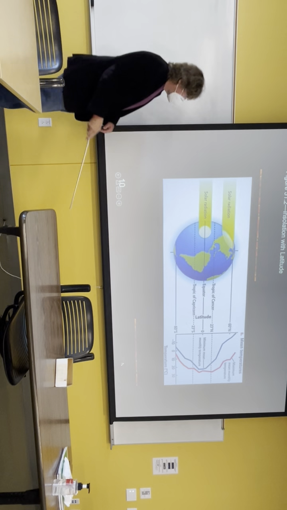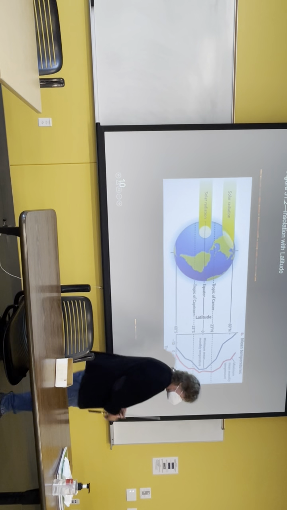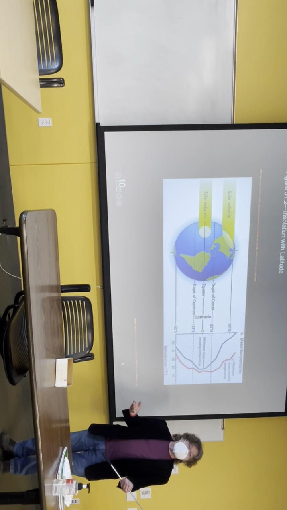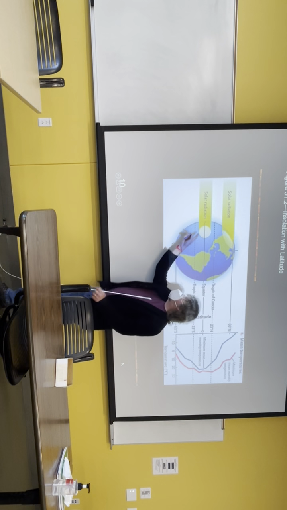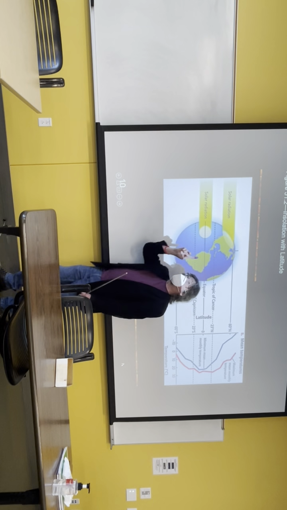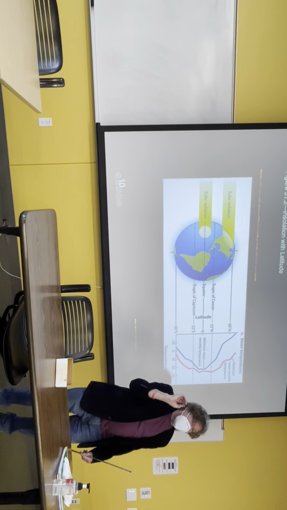This is the situation on the first day of spring and the first day of fall: someone standing on the equator, right here, would have the sun directly overhead at solar noon.